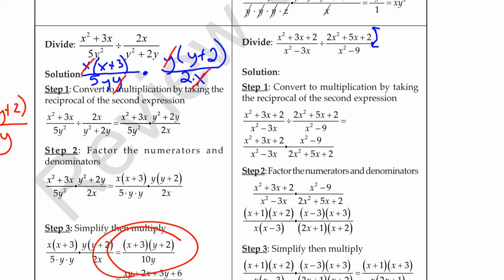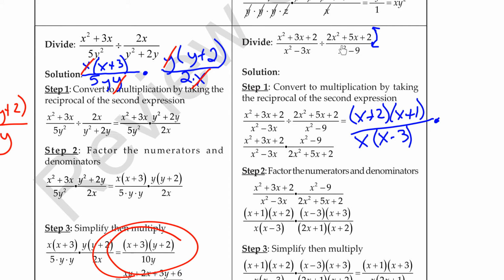All right, let's factor. x squared plus 3x plus 2 factors to be x plus 2 times x plus 1 over x squared minus 3x has a GCF of x, so x times x minus 3. We're going to change this to multiply, and we're going to flip this second fraction.